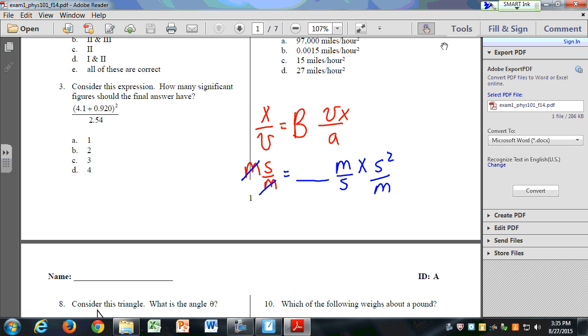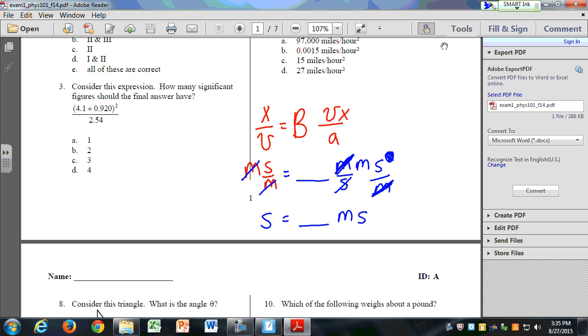And then I can cancel some of these out. I'm sorry, my x there should be in meters. This cancels with one of those. Oh, and this canceled with that. So I have seconds equals something times meter seconds. What must the units of b be to make this dimensionally correct?